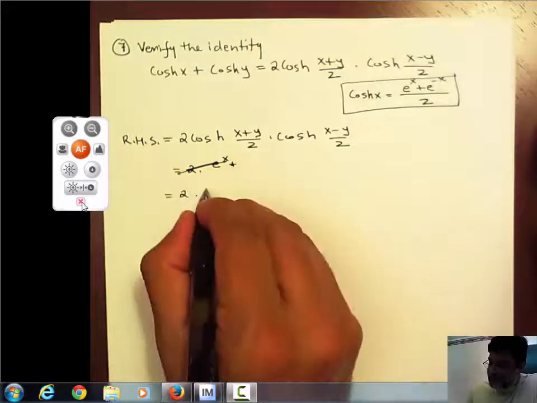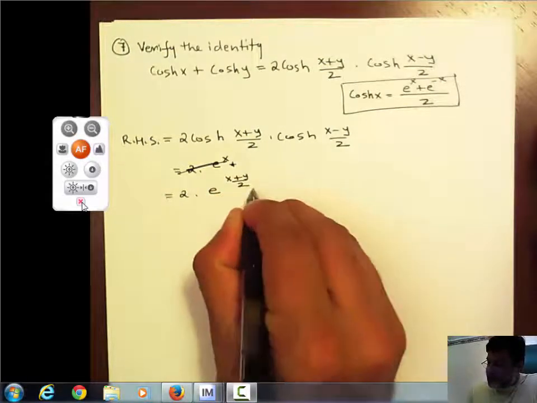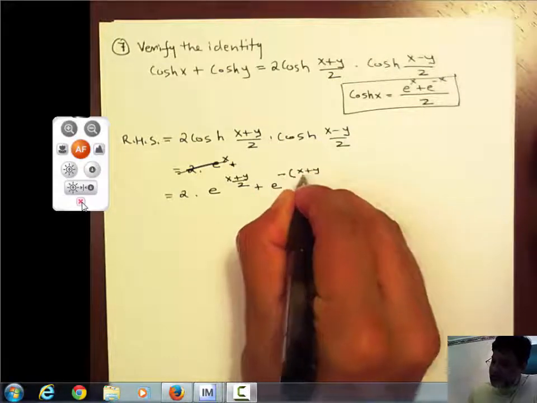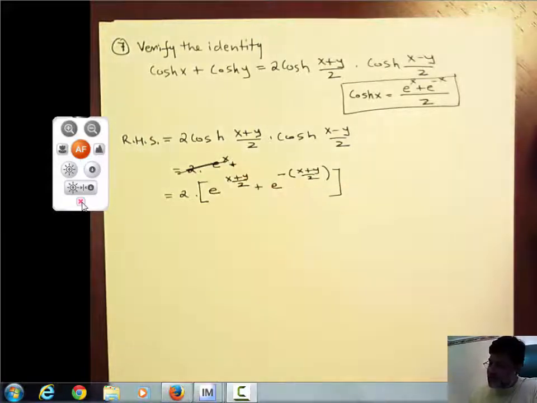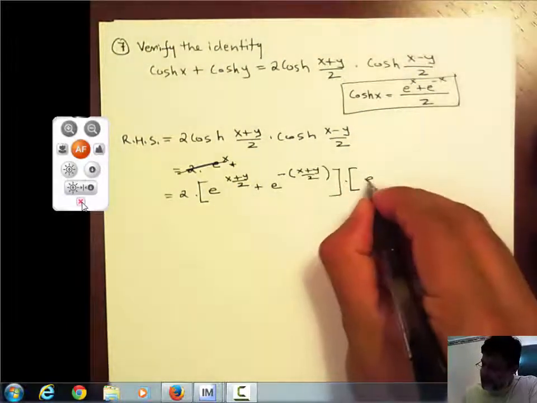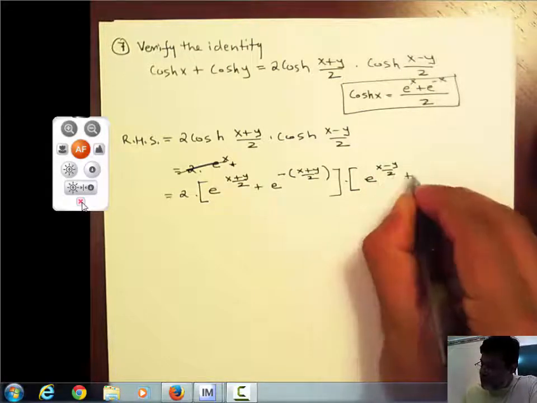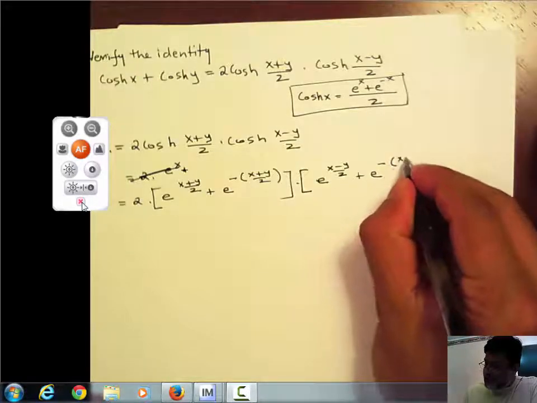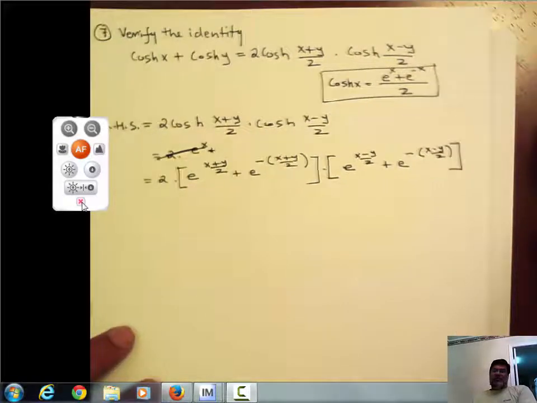So this is e to the x plus y over 2 plus e to the negative x plus y over 2. So that part is from cosine hyperbolic x plus y over 2. Now this part, e to the x minus y over 2 plus e to the negative x minus y over 2. Okay. So this is what we have, so now we're going to go ahead and foil it out.